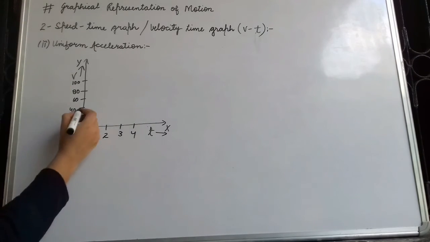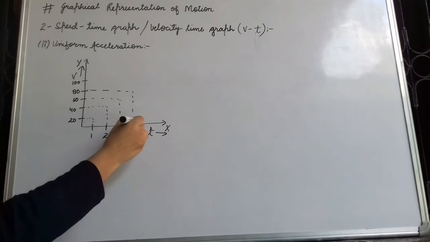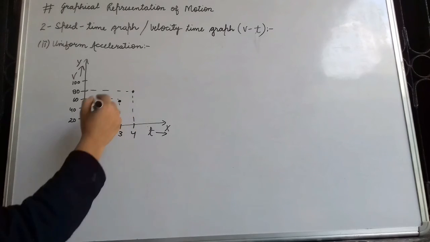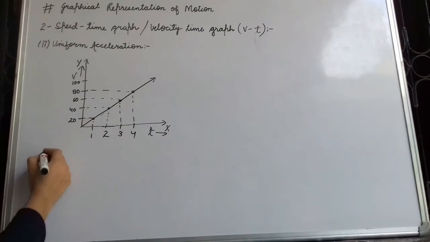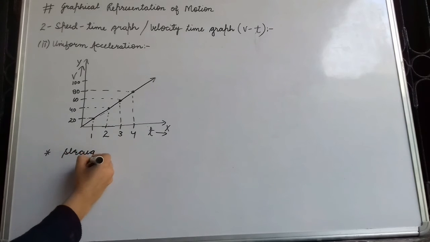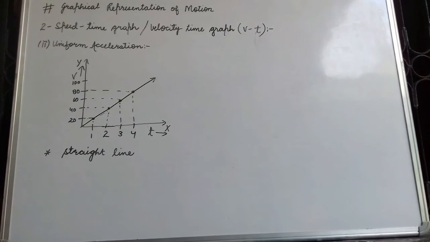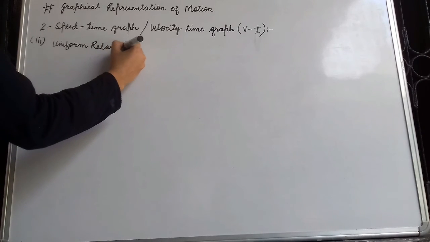Let us suppose in the first second the speed of a vehicle is 20 meters per second, but it's uniform acceleration, so it will increase every second by 20 meters per second. When we mark all the meeting points and join them, we will get a straight line. So what do we conclude from here? We conclude that the speed time graph or velocity time graph for uniform acceleration is always a straight line.